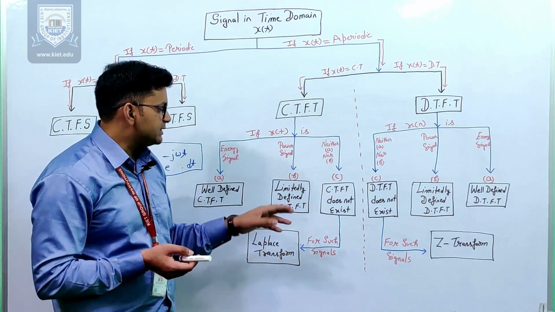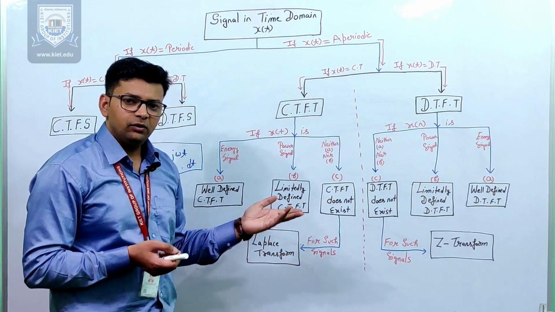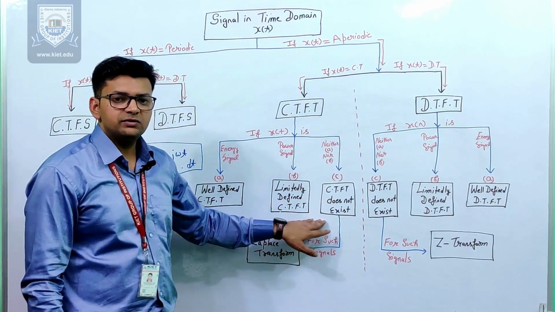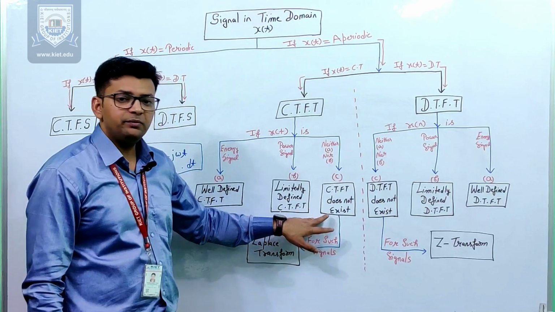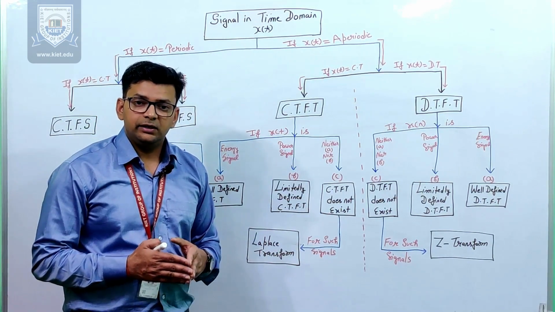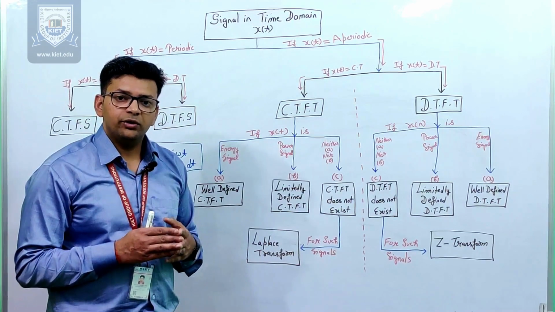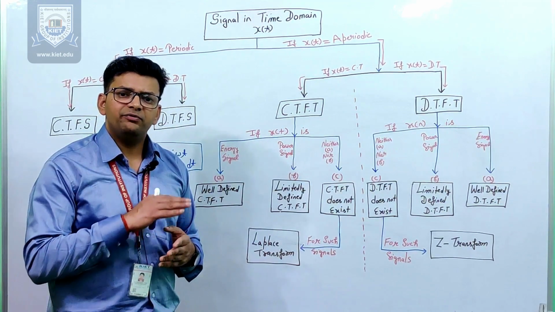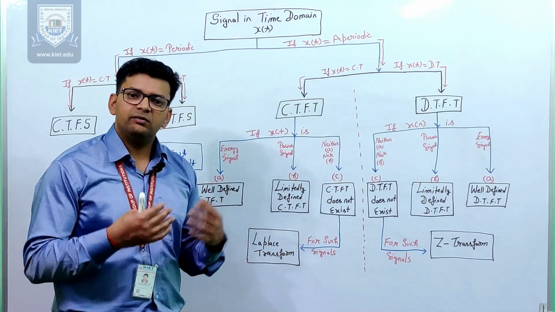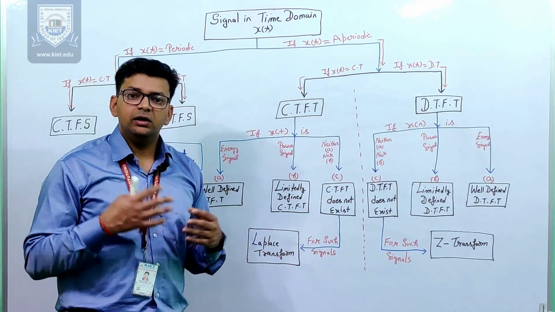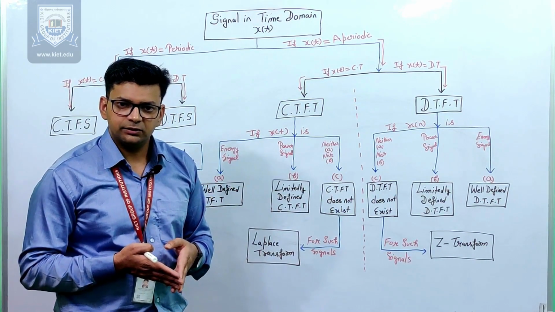For such signals, we can say such signals are unbounded signals, okay? For such signals, continuous time Fourier transform does not exist. It means we can say this is the limitation of Fourier transform. Fourier transform fails to explain the frequency domain representation of unbounded signals, right?